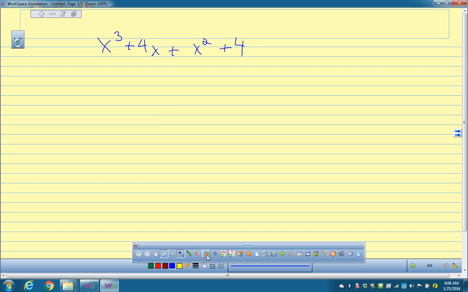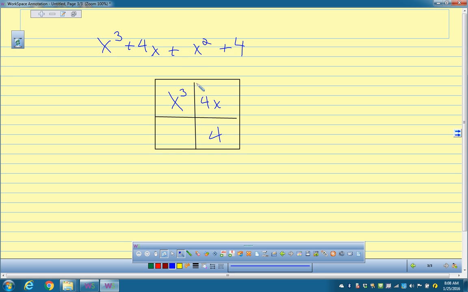Okay? So if I were doing this box method, you don't really have to be careful, okay? What goes in here? X cubed. What goes down here? 4x. And again, it doesn't matter if I put the 4x here or down here. X squared. What is the GCF of x cubed and 4x?